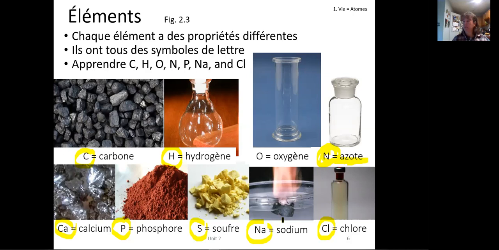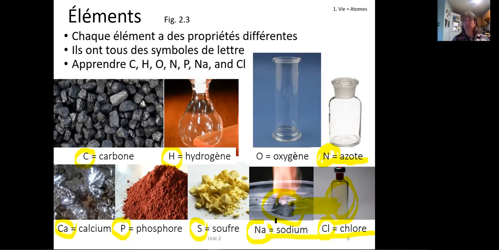Let's look at sodium. Sodium is a metal, and chlorine is a gas. This is the chlorine inside this jar. It's a poisonous gas. So these two things would injure you in their pure form. But when we combine sodium and chloride, what do we get?